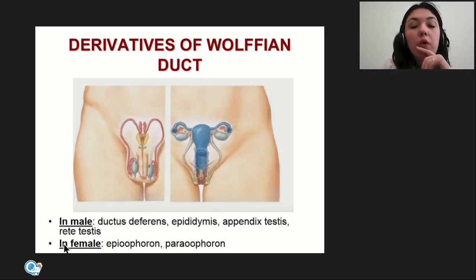In females, the Wolffian duct degenerates, and only some vestigial organs that are appendages of the ovary, which are epiophoran and periophoran, are formed from the Wolffian duct.